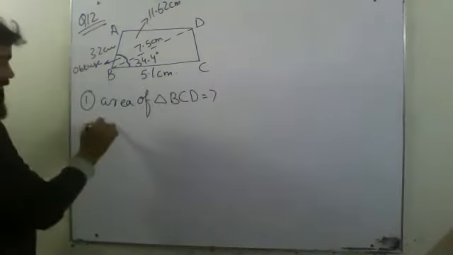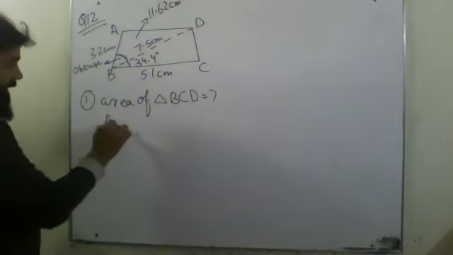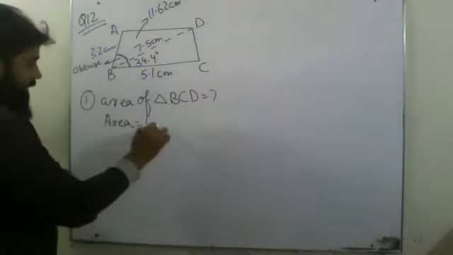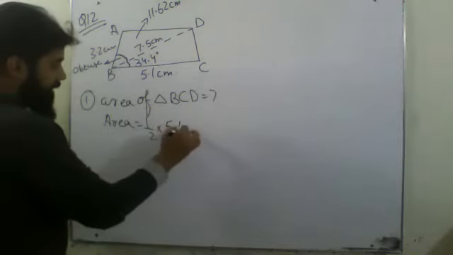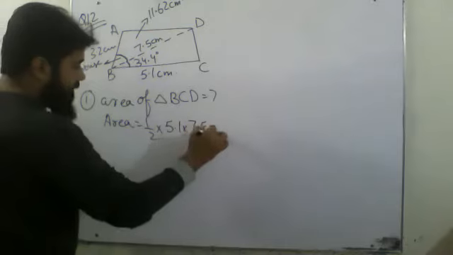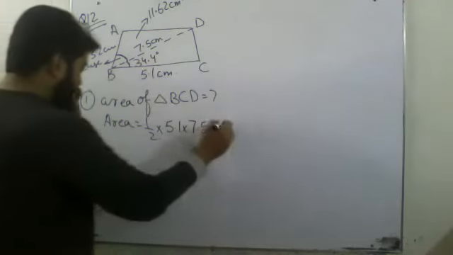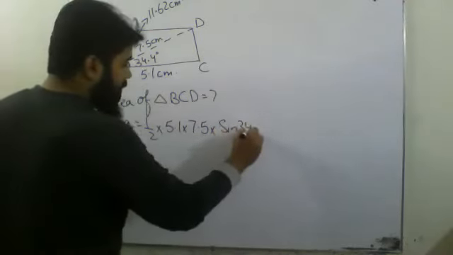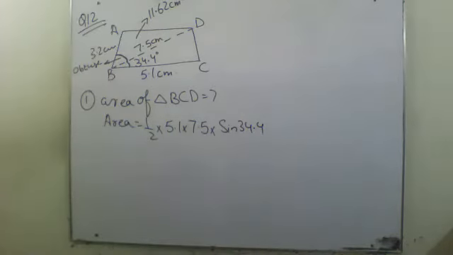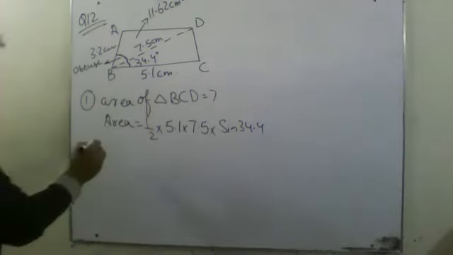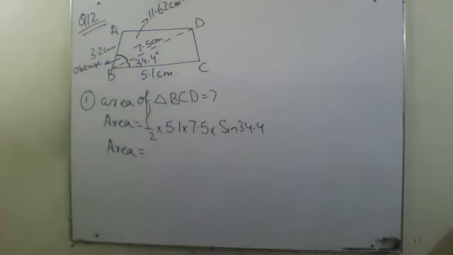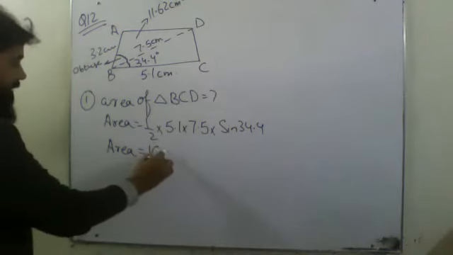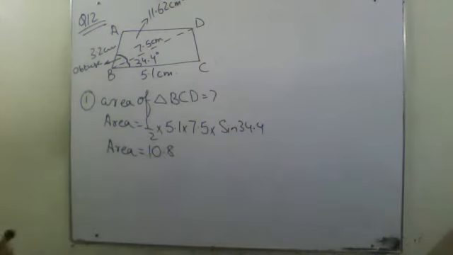So what's the formula? The formula will be area equals half into two sides, 5.1 into 7.5 into sine of the included angle, sine 34.4. Now you can use your calculator, and by simplifying, the area is coming 10.8.